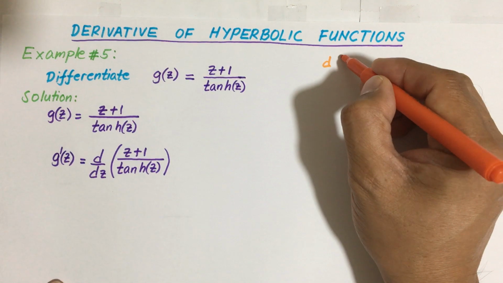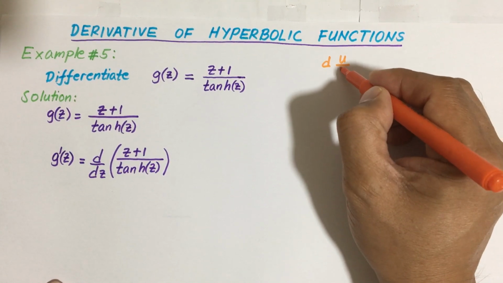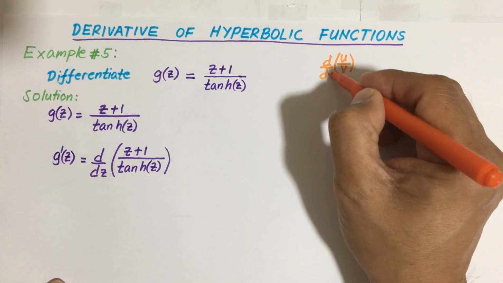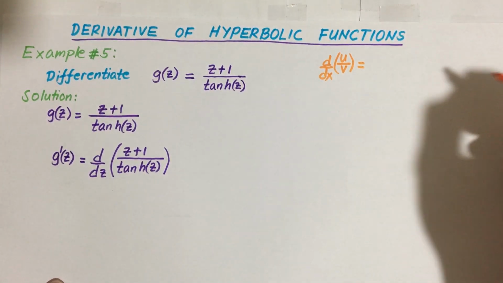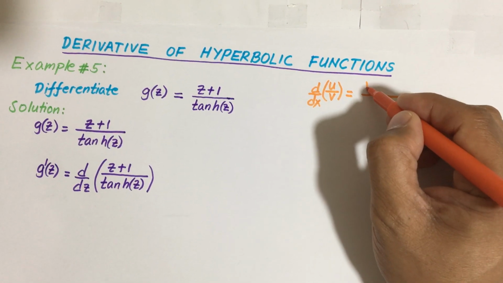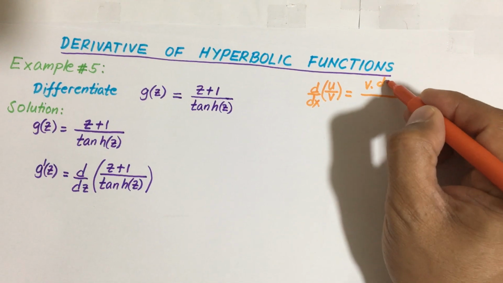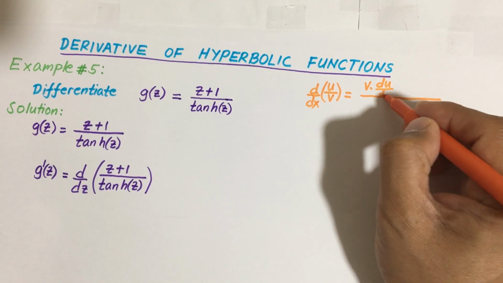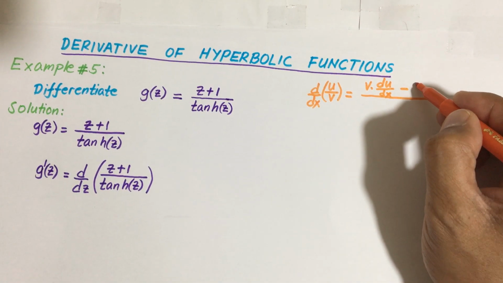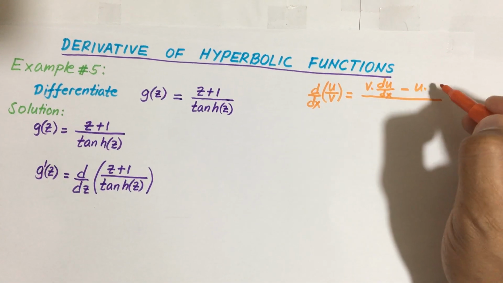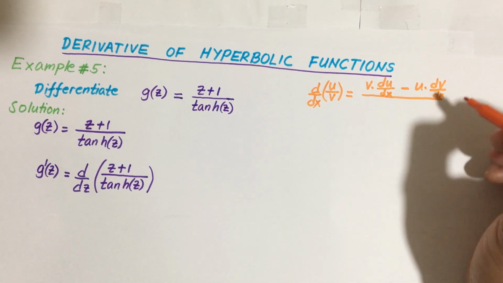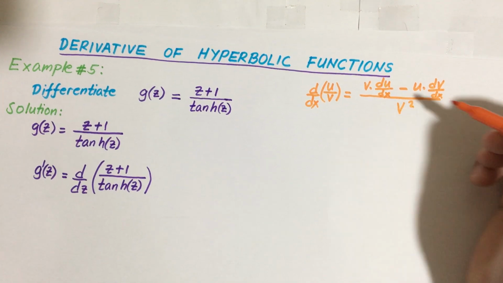The quotient rule: the derivative of u divided by v with respect to x is v times the derivative of u with respect to x, minus u times the derivative of v with respect to x, divided by v squared.